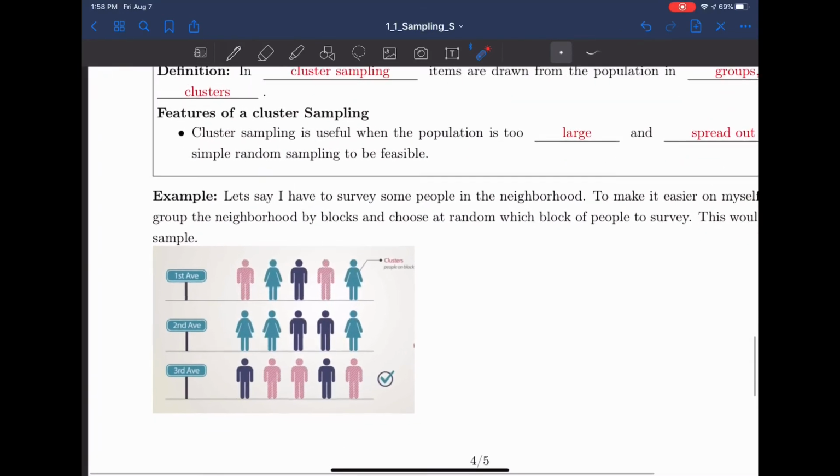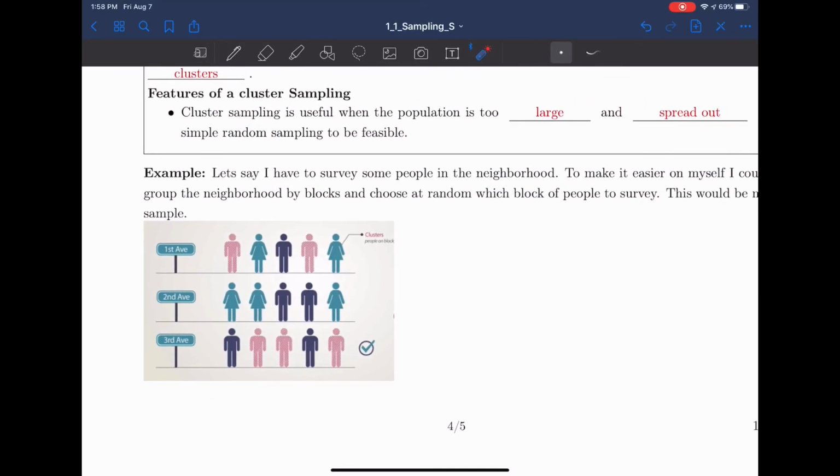But the difference here is that we're gonna do a simple random sample. So we're gonna randomly choose a cluster. Let's say we choose the 3rd one, and then that will be our sample. So there's no 3rd layer. Whoever is in that cluster, they will be in our sample.